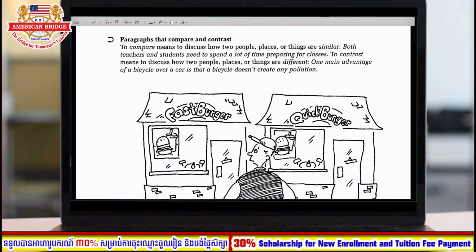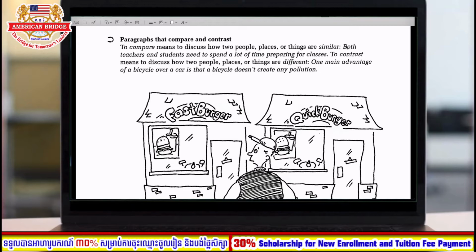So the key information right here is that if you want to compare some things, you start to discuss how two people, places, or things are similar or have the same characteristics. So this is called compare.